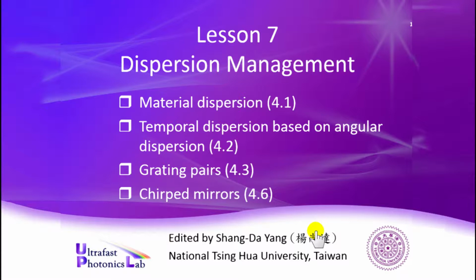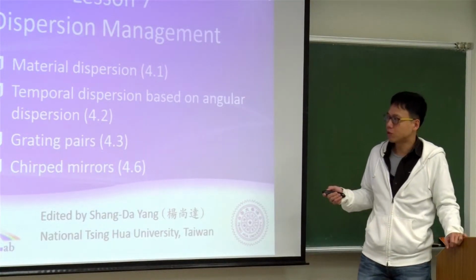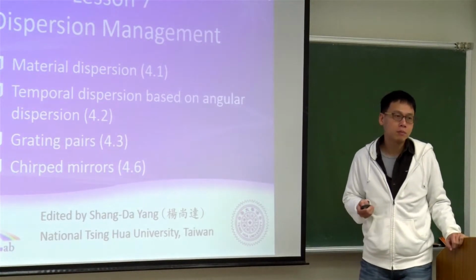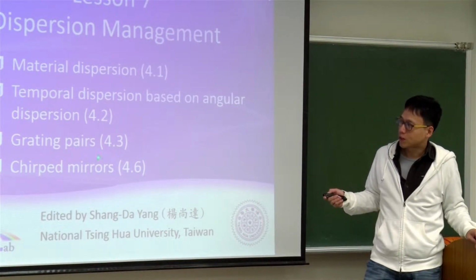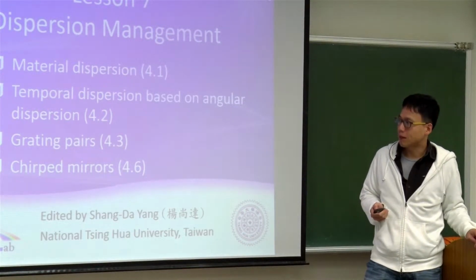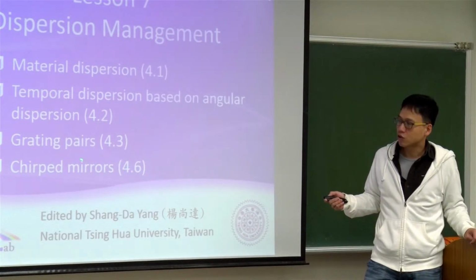Previously, we spent the last section on prism pairs, but in view of the tendency that chirp mirrors become more and more popular instead of prism pairs, I replaced the last section by chirp mirrors, which is a very different geometry.